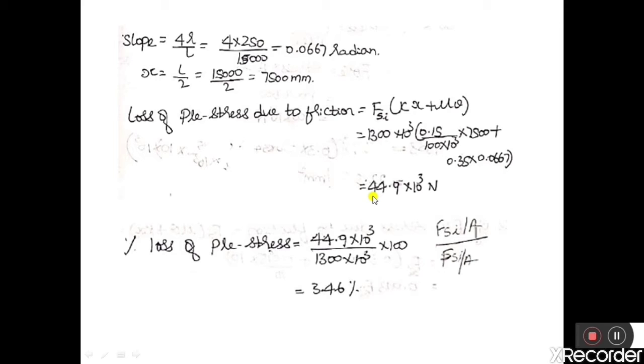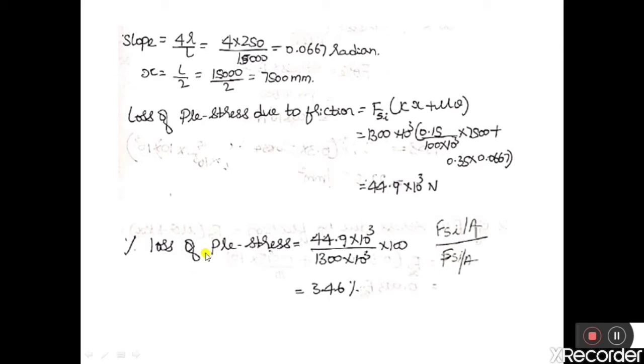Therefore loss due to friction is equal to 44.9 into 10 to the power of 3 divided by A. So A is this one, force 1300 into 10 to the power of 3 divided by A. So that A, let us keep like that. So it will become 44.9 into 10 to the power of 3 divided by A.